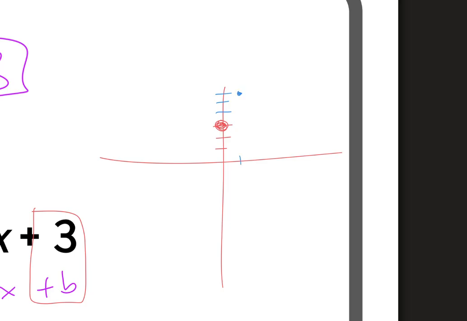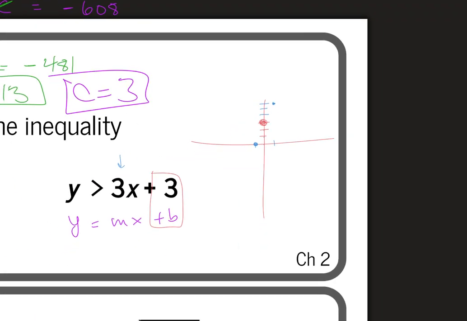And I also like to rise in the other direction. This is an inequality, so I need a dashed line. And then I am going to be shading on the greater than side, which I will tell you is this side. But if you weren't sure which side it was, you could plug in a test point.